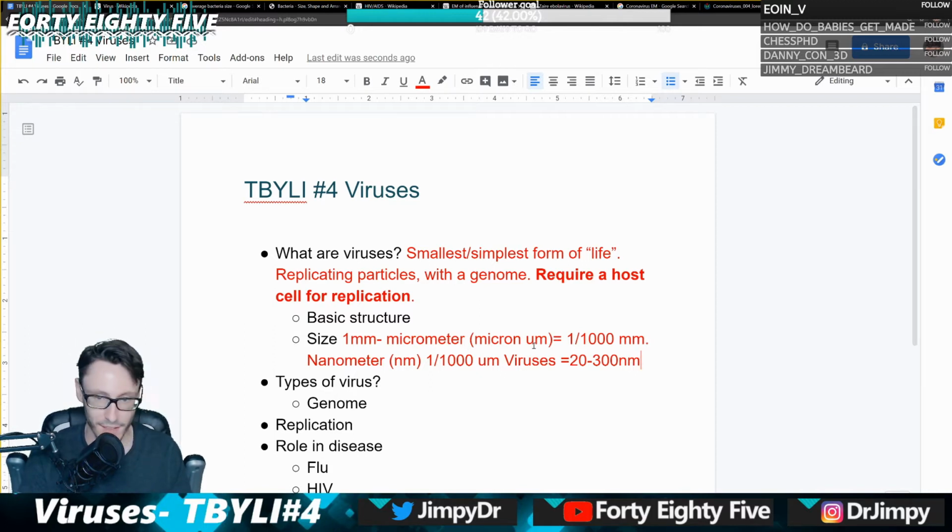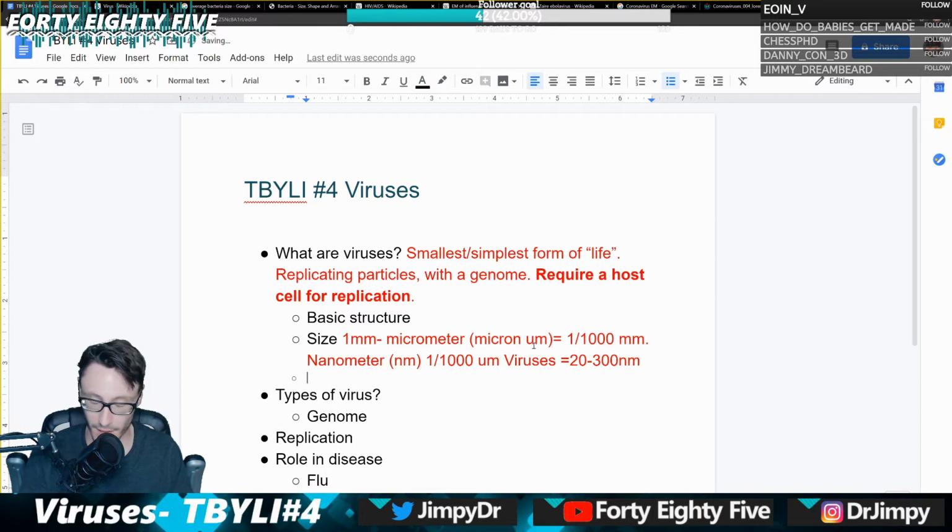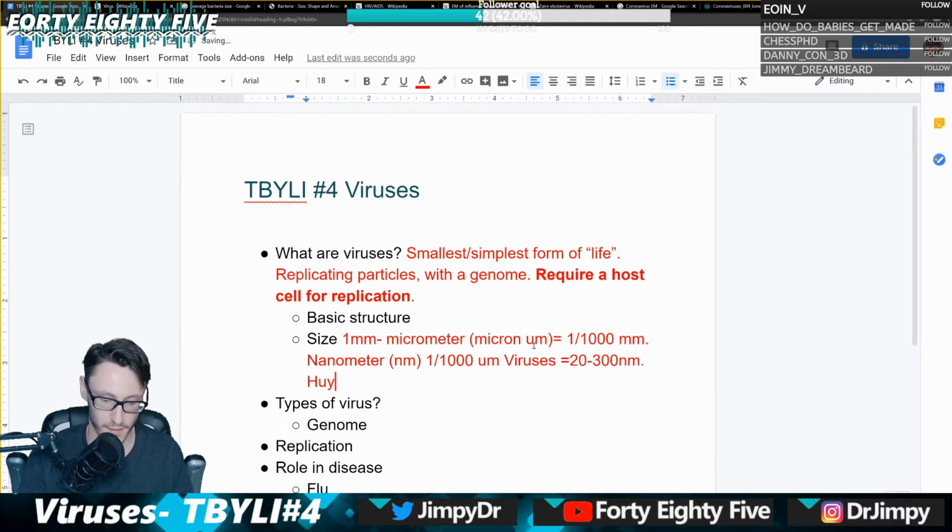And if you compare that to an animal cell, like a human cell, from my notes, a human cell can be up to around 40 to 100 micrometers across, and a bacterium is somewhere in between, at about 200 to 2000 nanometers.